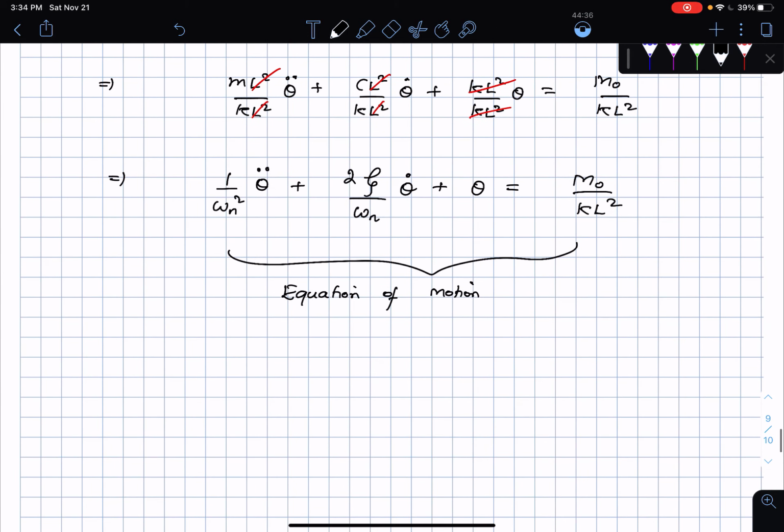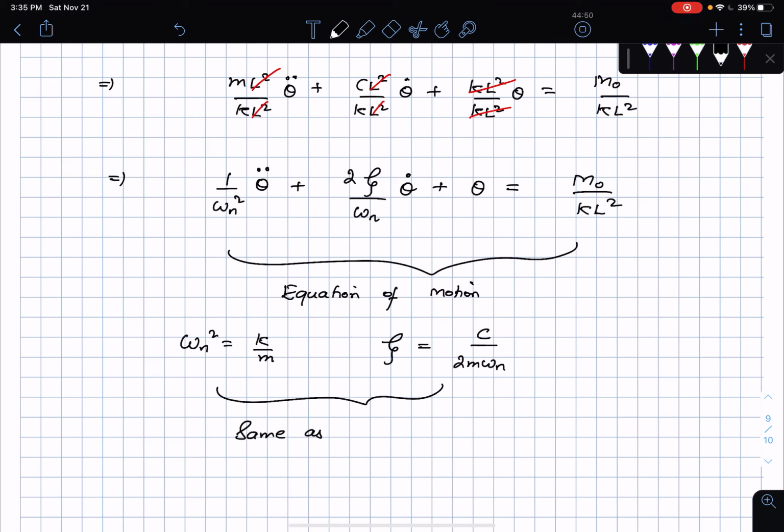In this case the natural frequency is still the same, and zeta is still the same, c by 2m omega n, same as the case where f of t acts on the mass, because these are properties of the system.